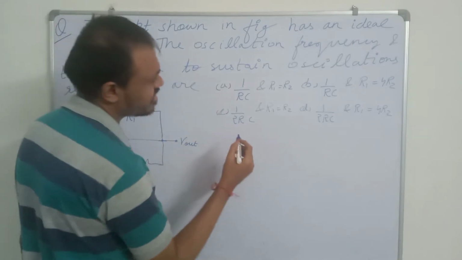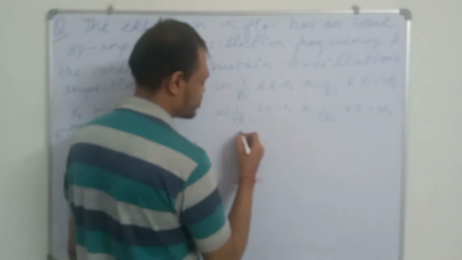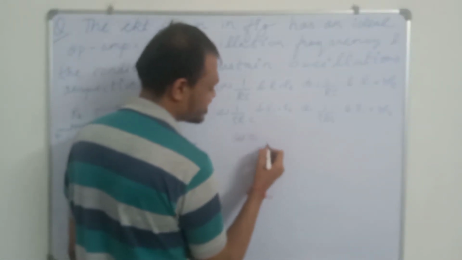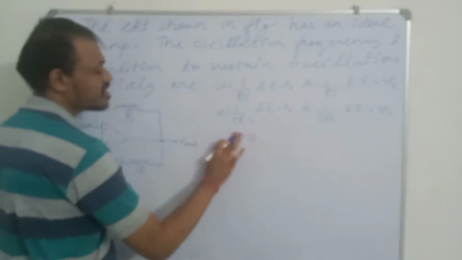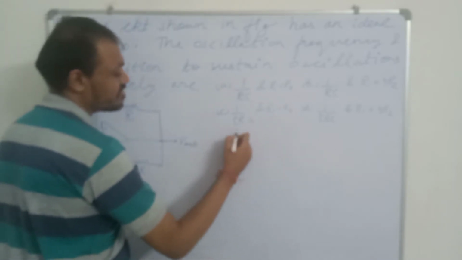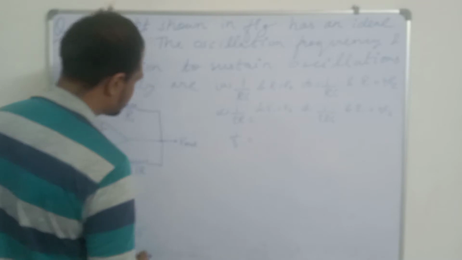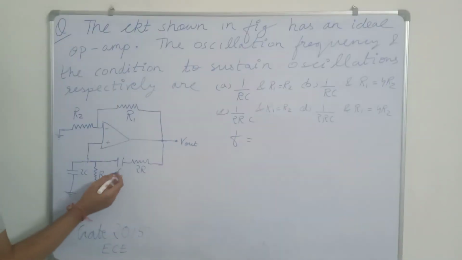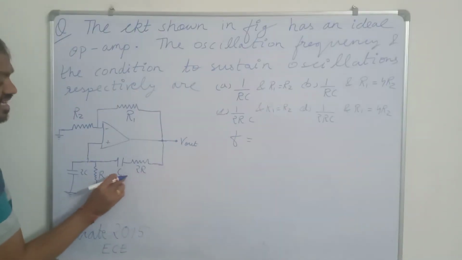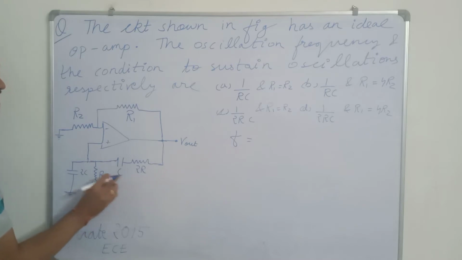First we have to find the oscillation frequency. For the oscillator, first we have to identify the oscillator. Clearly this is a Wien-Bridge oscillator, because an RC series network and an RC parallel network are connected together.